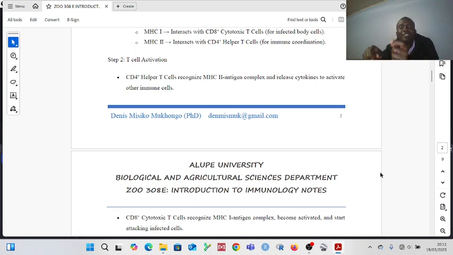So the CD4 helper T cells will recognize the MHC class 2 and the antigen that it is presenting, so that complex.